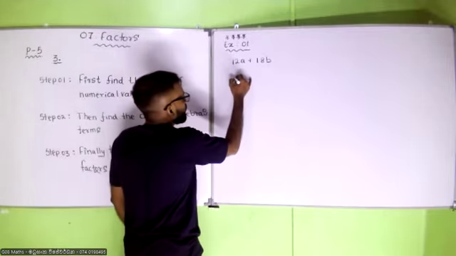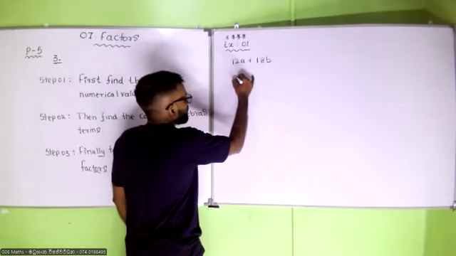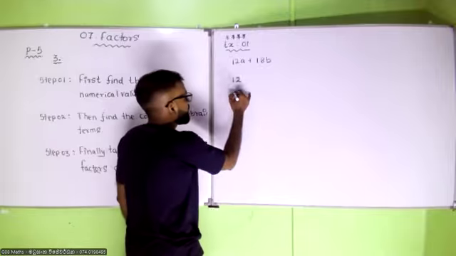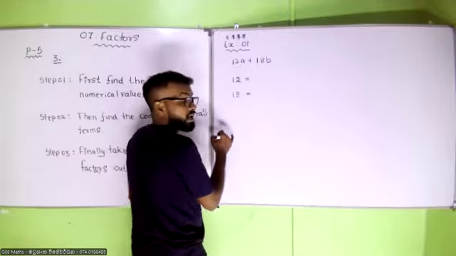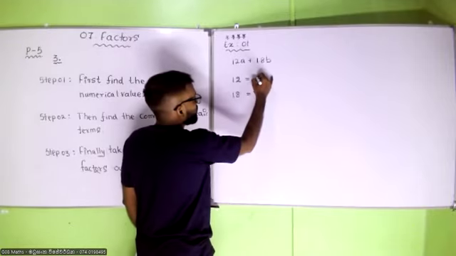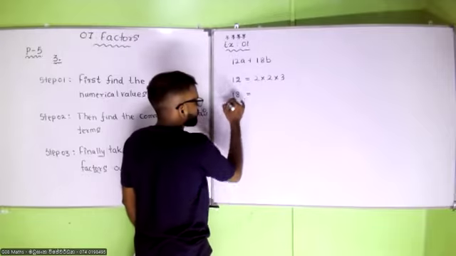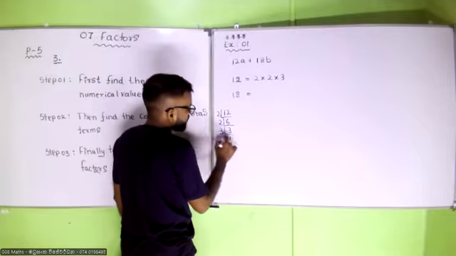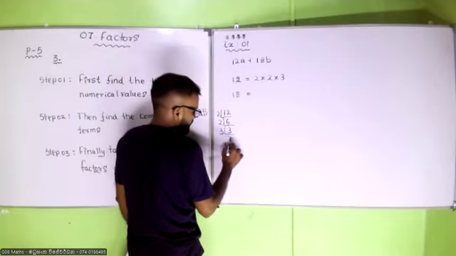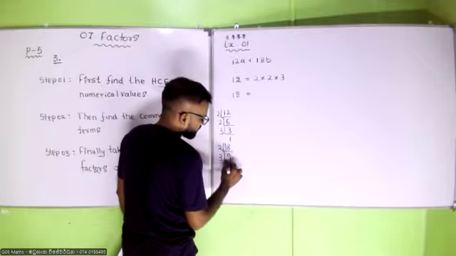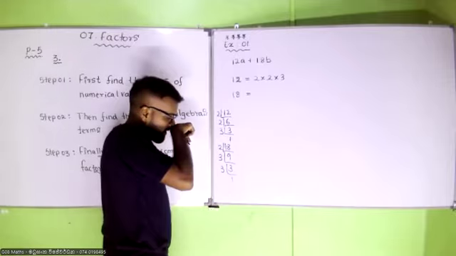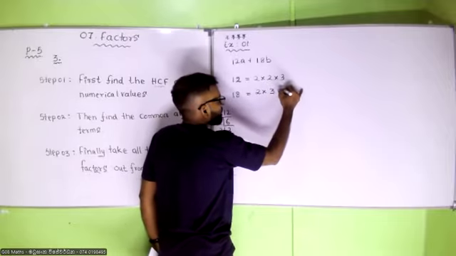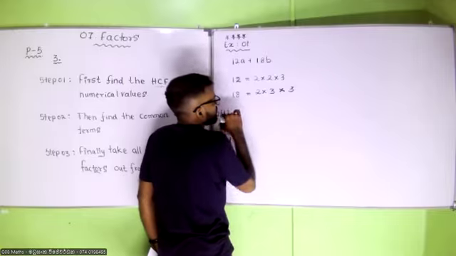Focus on the board. Here I have 12. I am just writing the numbers only, because I am going to find the highest common factor of numbers only: 12 and 18. 12 can be represented as a product of prime factors: 2 times 2 times 3. 18 the same way: 2 times 9, 3 times 3, so 2 times 3 times 3.